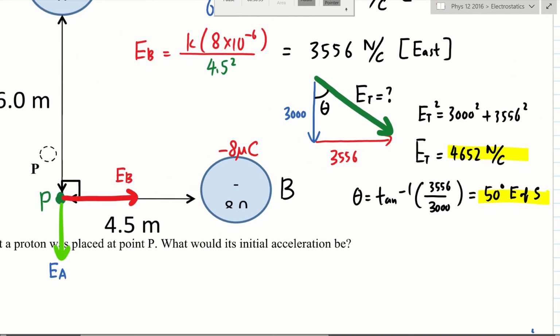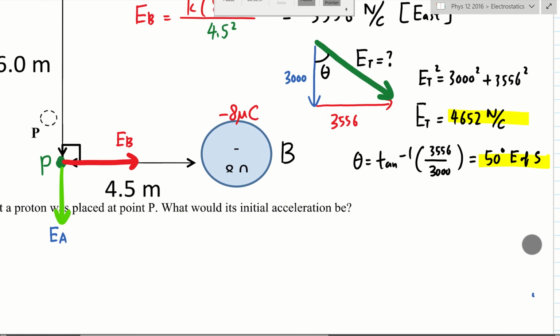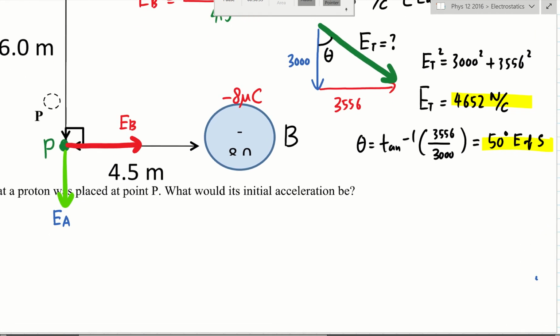So imagine that if you actually have an electron at point P, but hold on. Imagine if there's actually a proton, which way would the proton go? So as you can see, the proton will be going this way from the same electric field. So you need to get force, which is easy. Remember, electric field is electric force divided by charge.